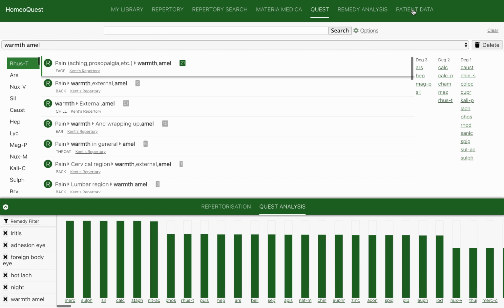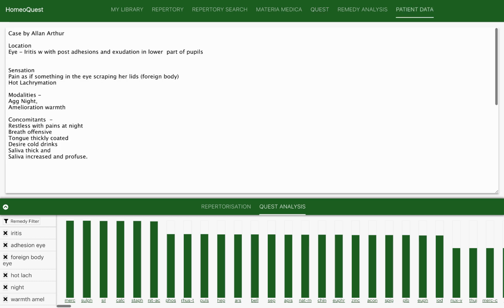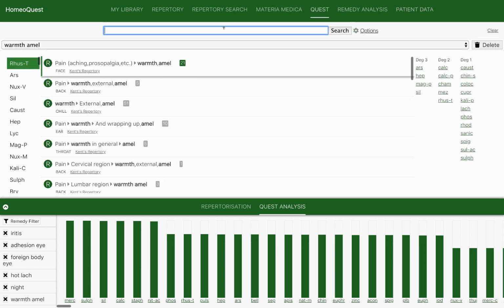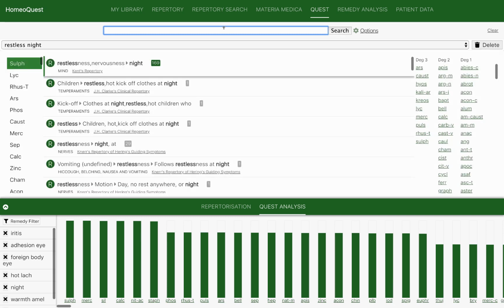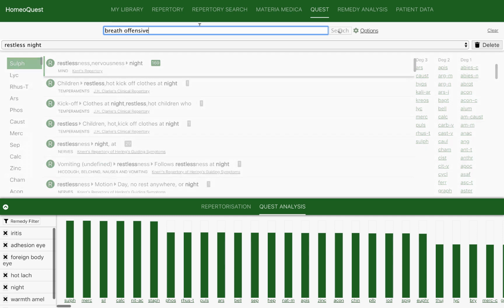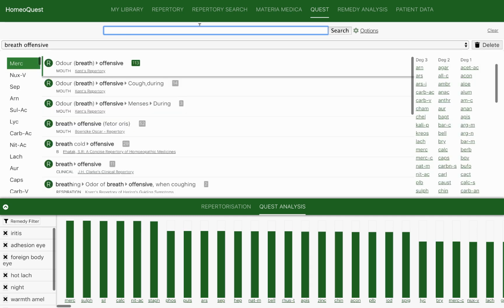Next, we're looking at the concomitants now, lots of them. We'll start with restlessness with pains at night. So I'm just going to put in restless at night. So the top remedies for restless night. Next, we have breath offensive. Wonderful, lots of remedies there.